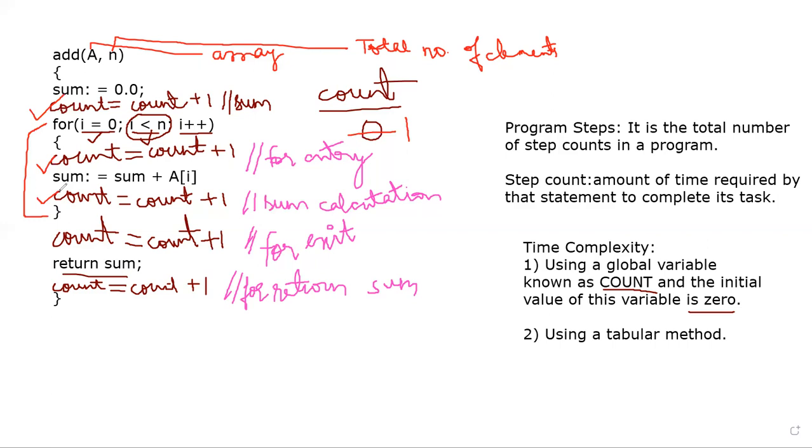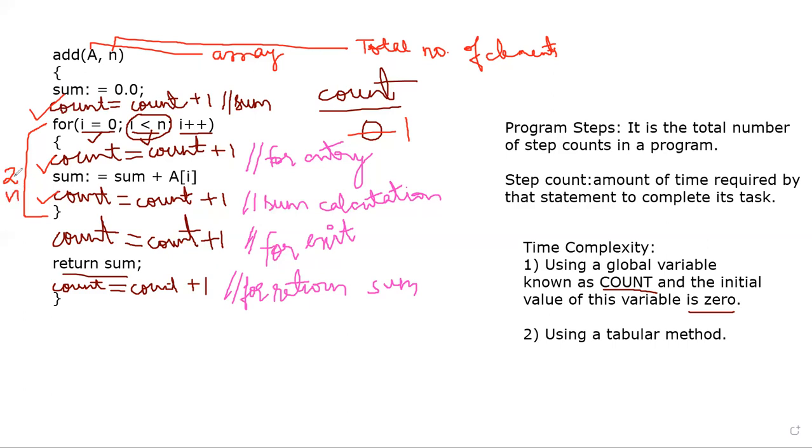Since this for loop is going to execute n number of times, and inside the for loop 2 count incrementations are there, these 2 count incrementations will happen n times, twice of n. So the total count incrementation inside the for loop is 2n, 2 into n times.